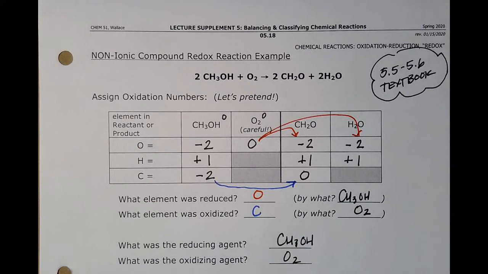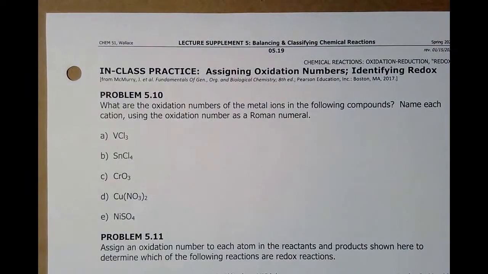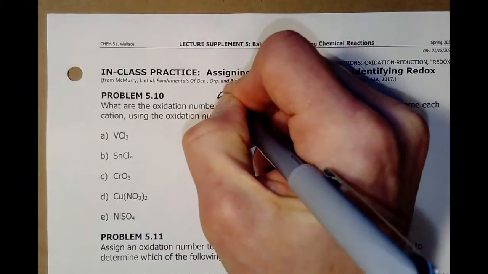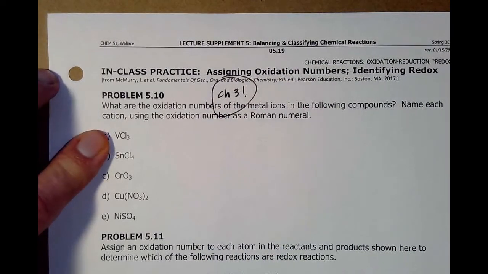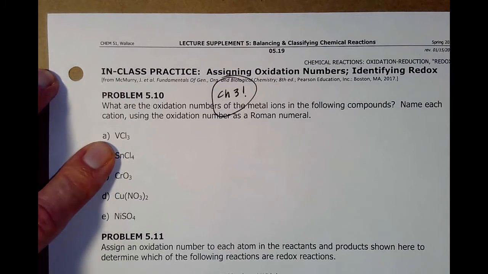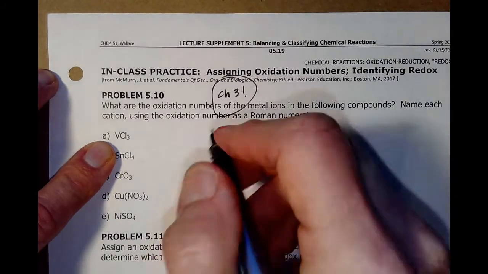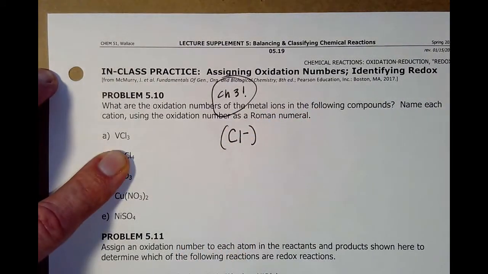Let's look at page 5.19. There are a number of examples here. Problem 5.10 is right out of chapter 3. Remember we said we needed to know that? Vanadium is an unpredictable metal, kind of in the middle in the transition metals. We don't know what its charge is going to be, but I know that chloride, each chloride is going to be -1.